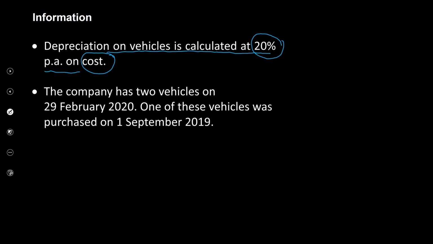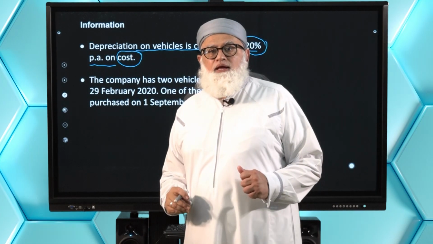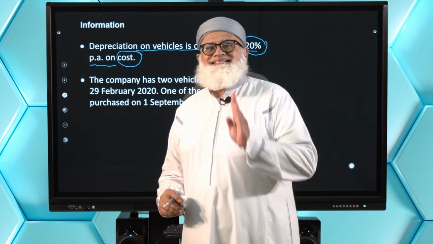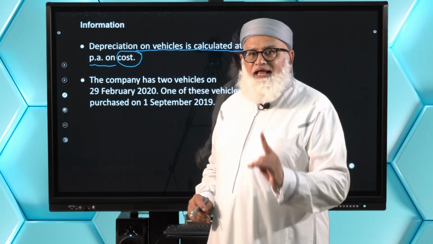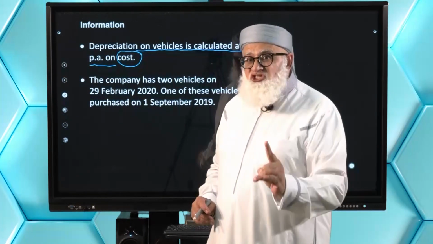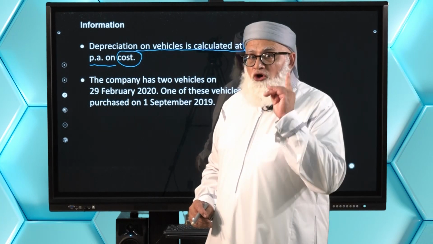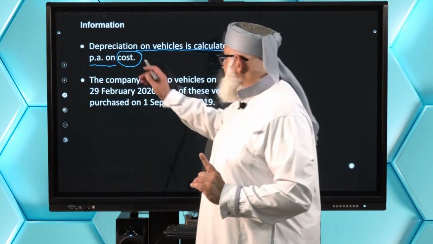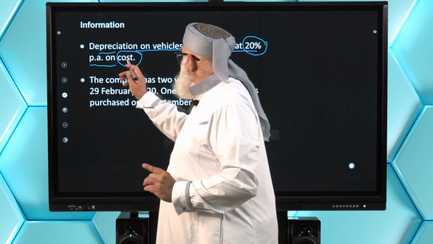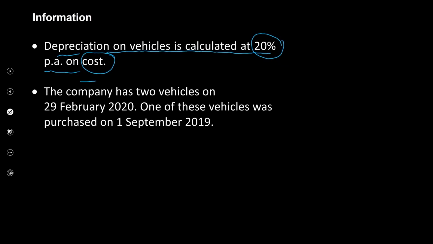Okay, now remember, when you are working with depreciation on cost, it's indicating to you that you must calculate depreciation on the cost price of your vehicle, because that's the policy of the business. We are depreciating 20% on cost. We are also told we have 2 vehicles, right? One of these vehicles was purchased on the 1st of September 2019. Very important date that we're dealing with here.